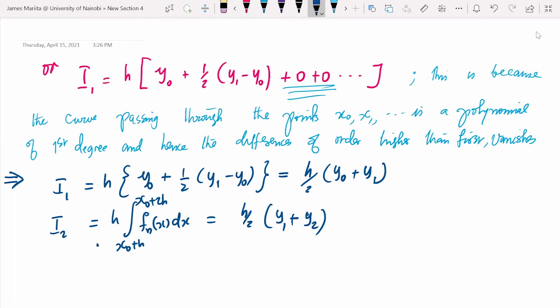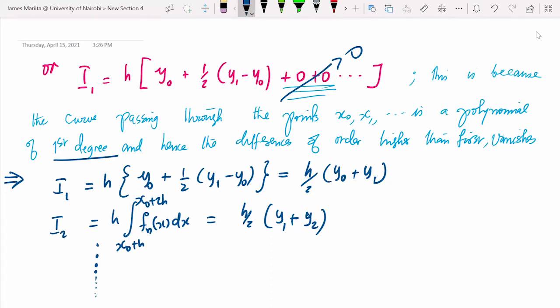This can continue the same way. So you can note it down here again. So this one continues like that. Up to this point, I think it's okay, because from here, you've understood why the rest of this is going to zero, because these data points go up to the first degree.